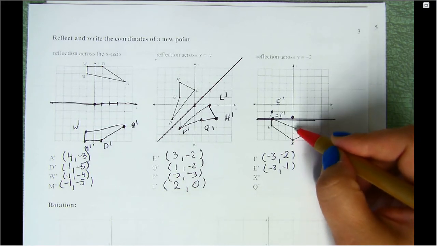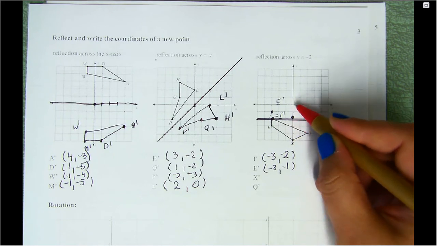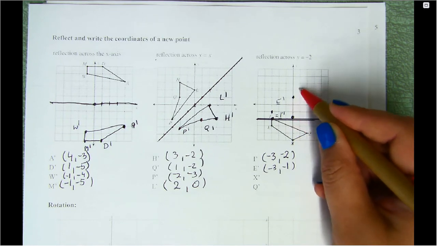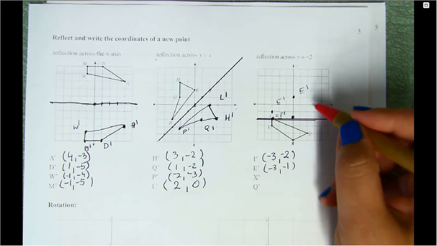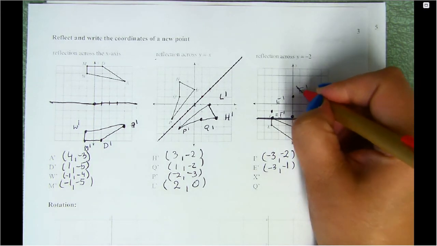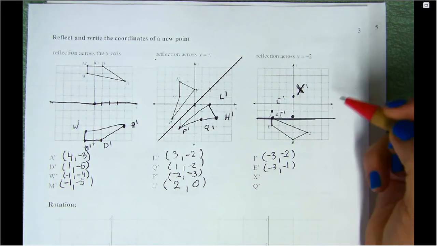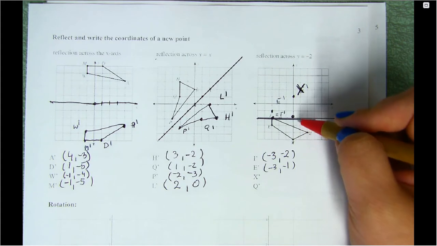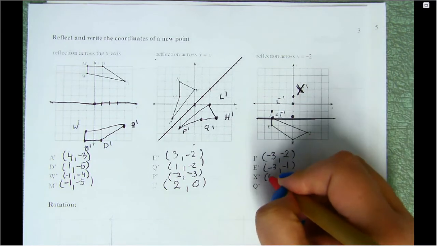Okay, now X. X is 1, 2, 3 away from the line of symmetry. So 1, 2, 3 away from the line of symmetry. This, oh, that's not E. This is X. Okay, so where's X as coordinates from 0, 0? It doesn't move anywhere for x, so it's 0.